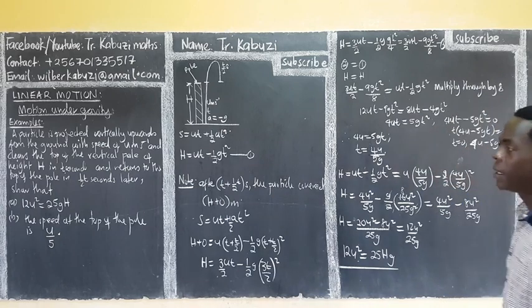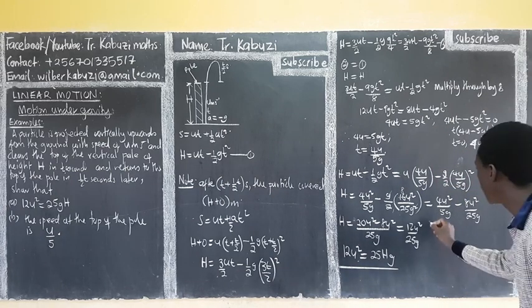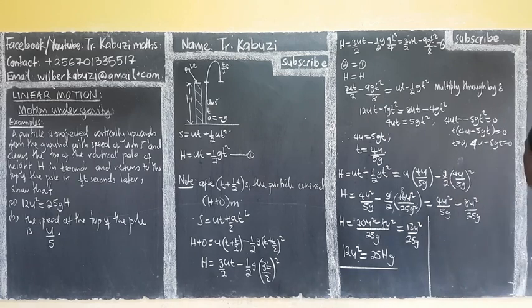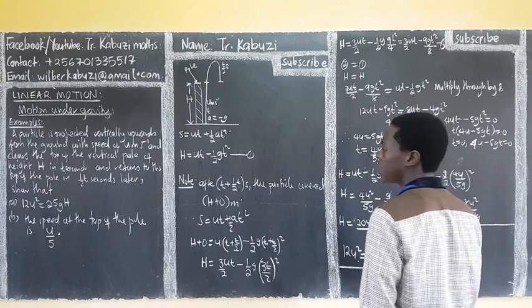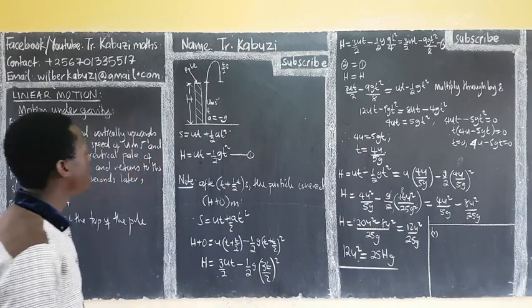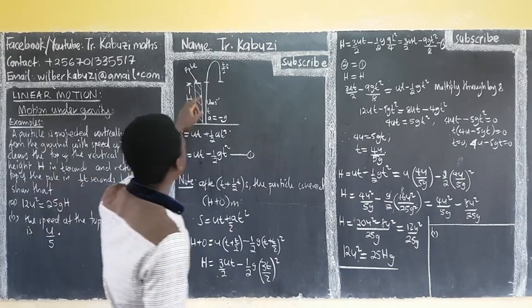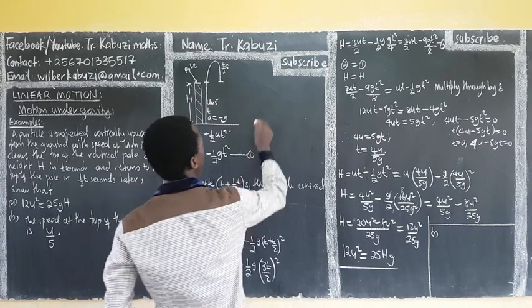So part B, show that its speed is that. So what is our speed? In part B, prove that the speed at the top of the pole is this. What is the speed at the top of the pole? So let us see what we are going to be having here.